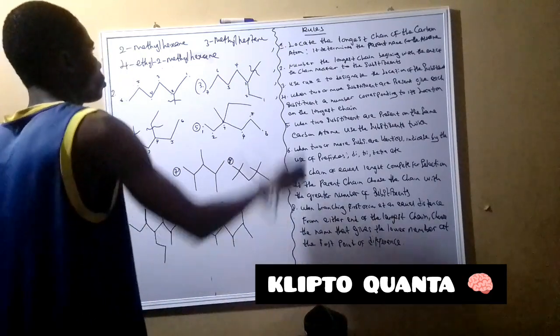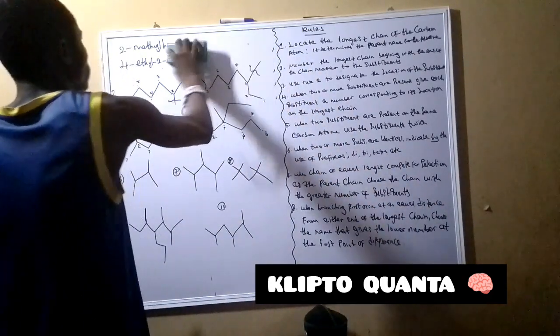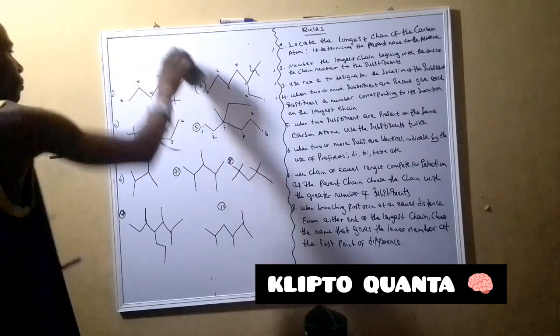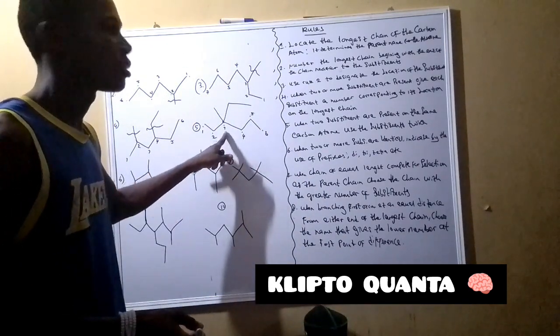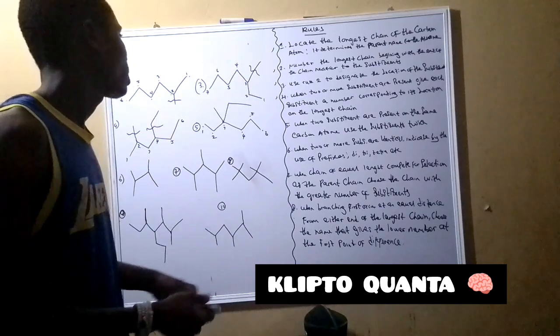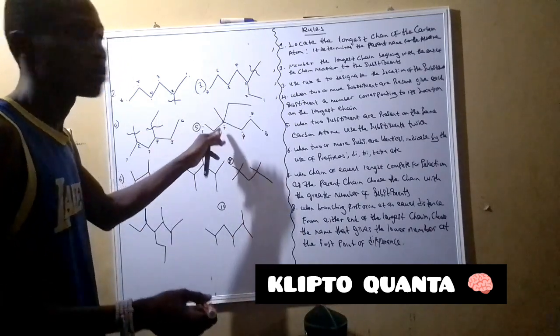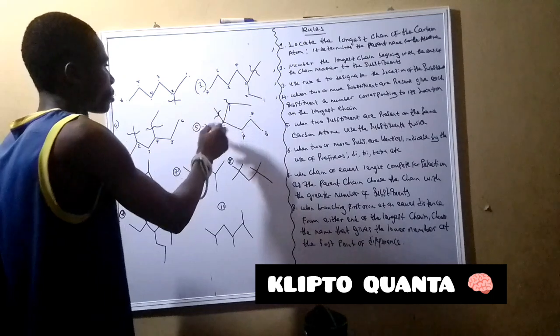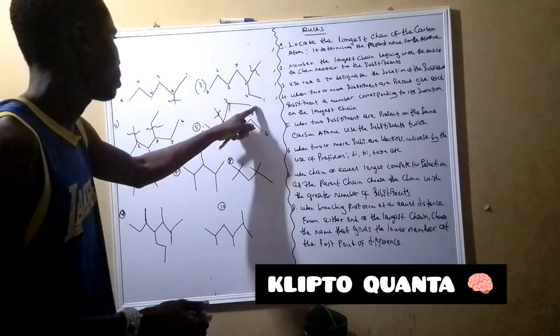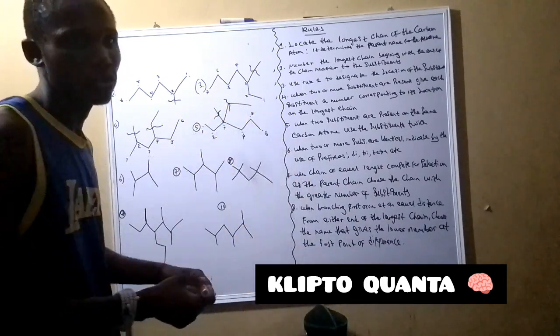Now guys, if you look at the rules, they told us that whenever you have them on the same lane, you name them normally. Now I have a methyl on one part, and also an ethyl on the other part, because this is CH3 and CH2.